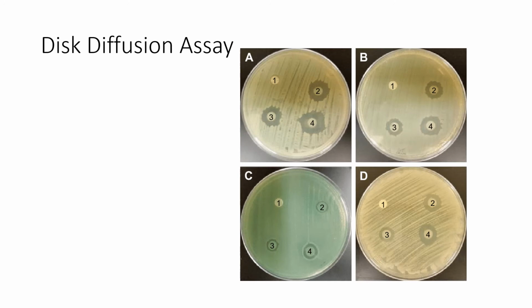These are some potential results you could see from a disk diffusion assay. In this example, a student tested 4 different types of bacteria, bacteria type A, type B, type C, and type D, and tested 4 different antimicrobial substances. So substance 1 was tested on all the types of bacteria.